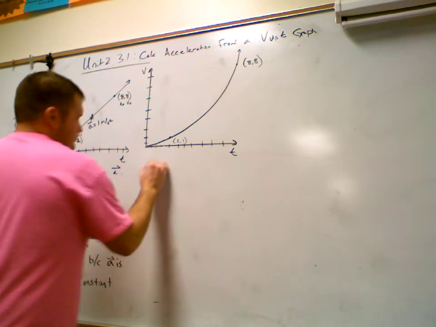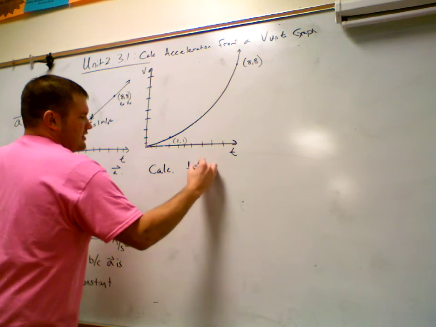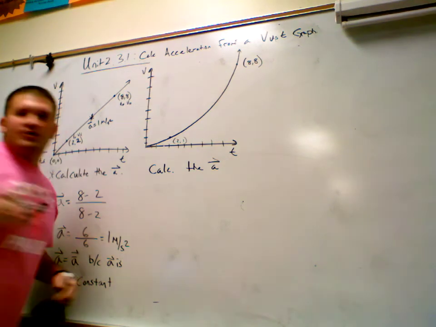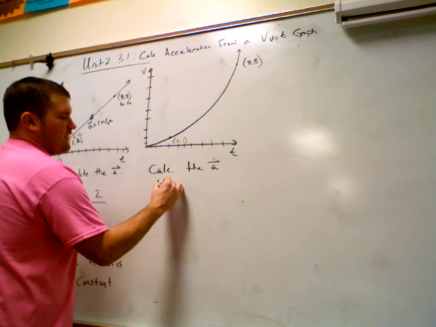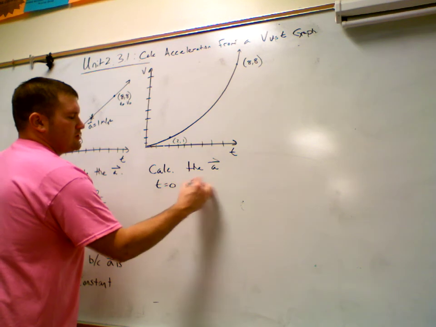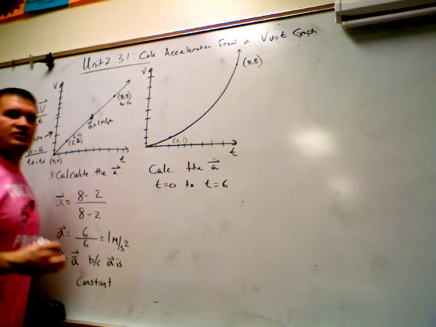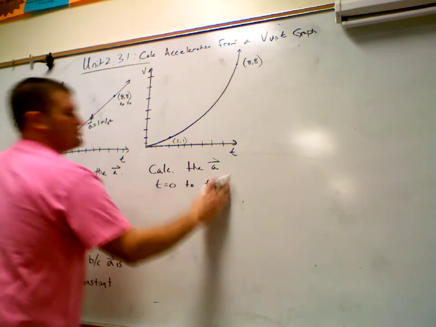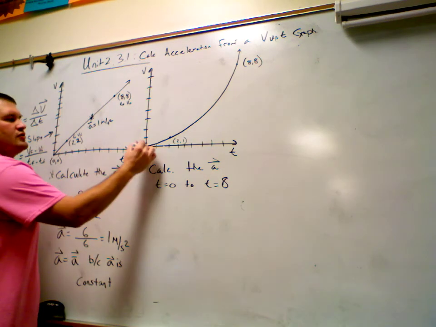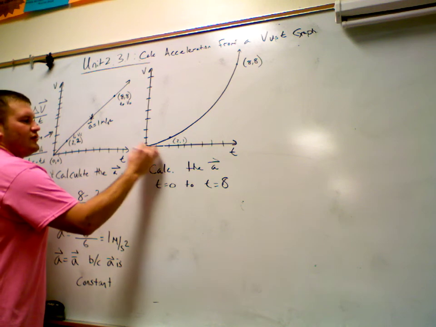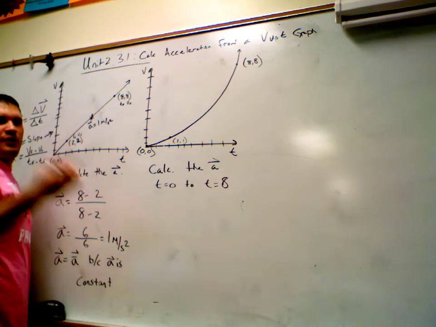So, if I said calculate the acceleration, you guys are going to say when, right? Because here acceleration is not constant. So, we could give you time intervals. We could say from t equals 0 to t equals 8, but there's only 2 points plotted. We can assume that one's 0, 0, right?